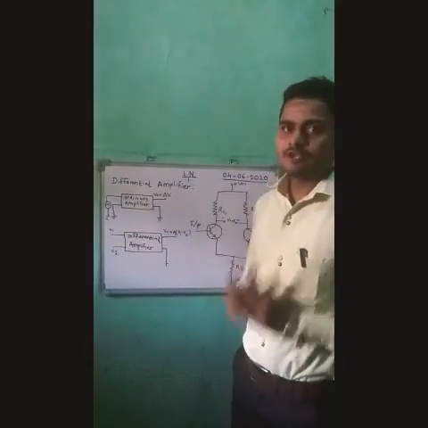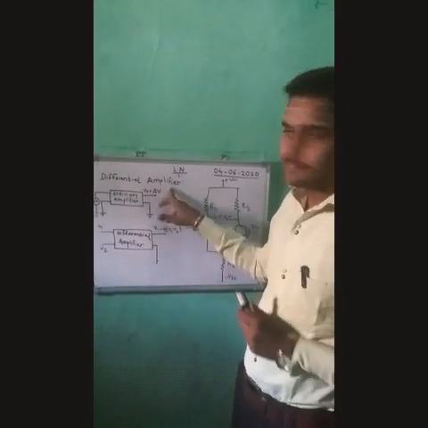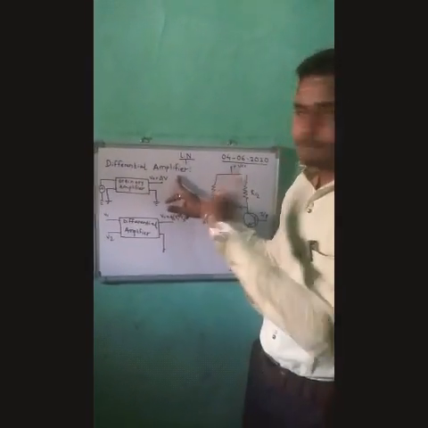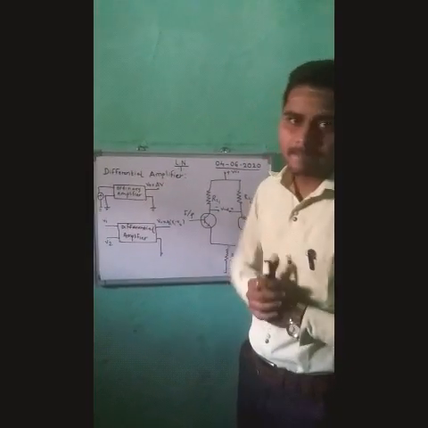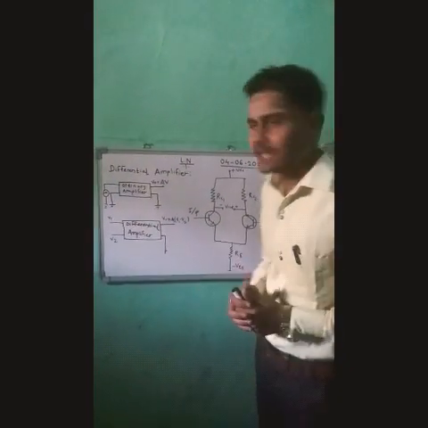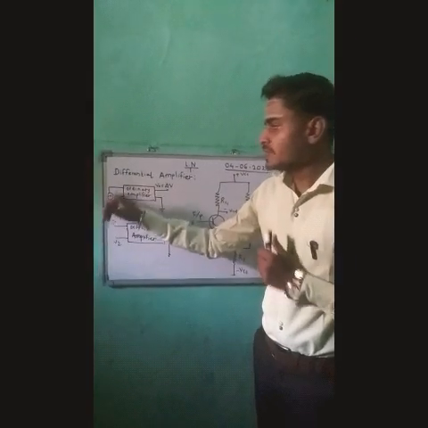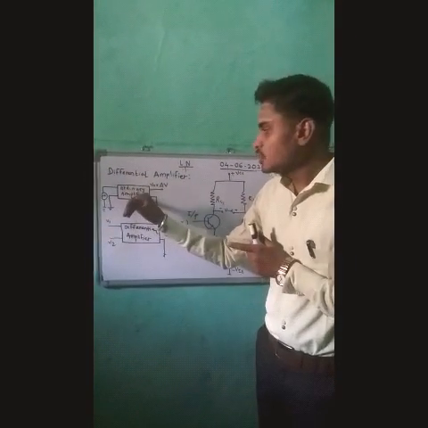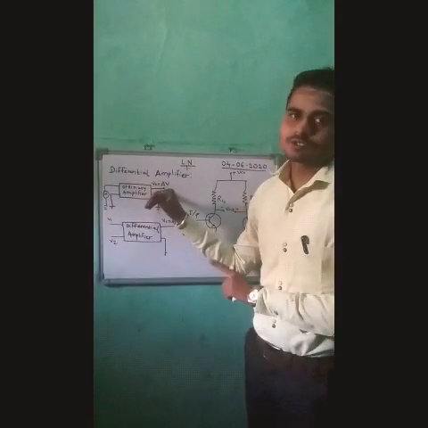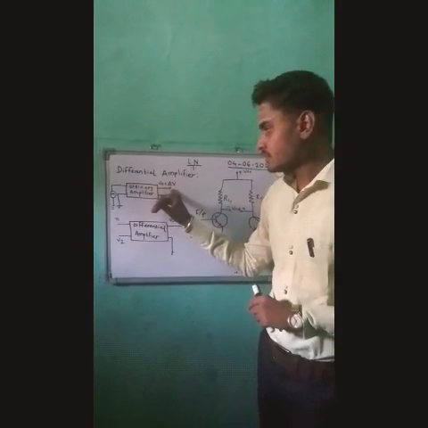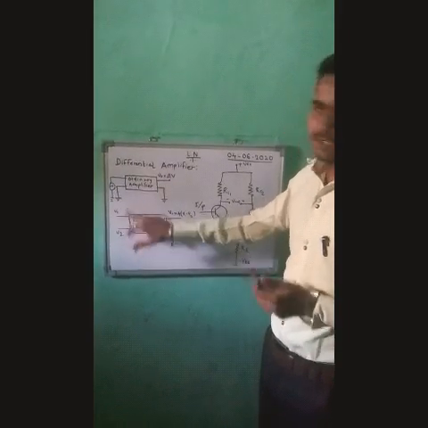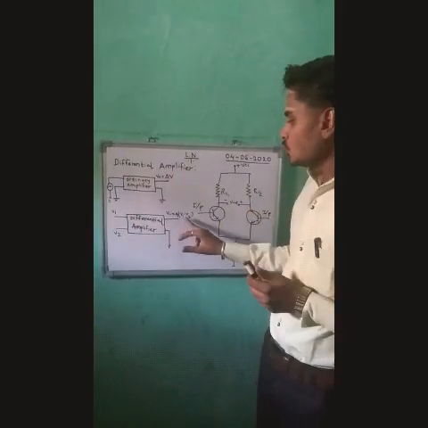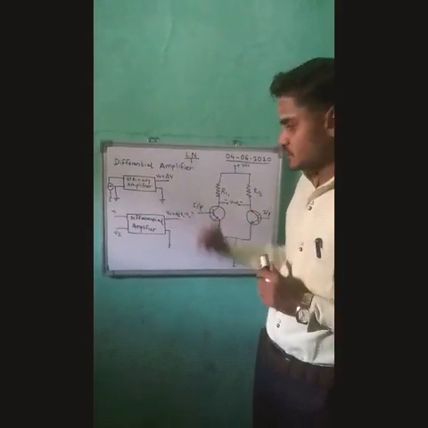Differential amplifier. Now we have to see the differential amplifier. Before seeing the differential amplifier, we have to know what an ordinary amplifier is. In an ordinary amplifier, only one input signal is applied to the device and only one output is produced. But in the differential amplifier, the difference between two input signals is produced.